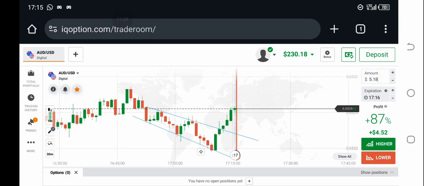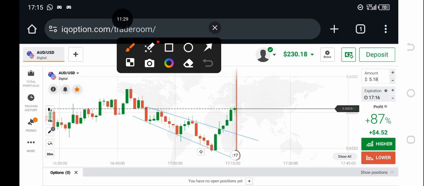So if you spot a channel like this, you look out for the entry point that I just explained. Now, after looking at this particular channel, how do you open a position? You have to wait for a confirmation candlestick, either a hammer candlestick like this.